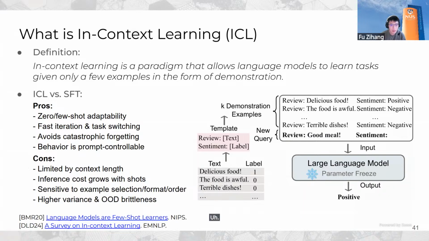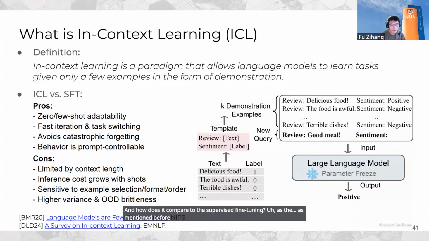Now let's start with the basics. What is in-context learning, and how does it compare to supervised fine-tuning? As mentioned before, the first formal definition of in-context learning appeared in the paper Language Models are Few-Shot Learners by the OpenAI team.